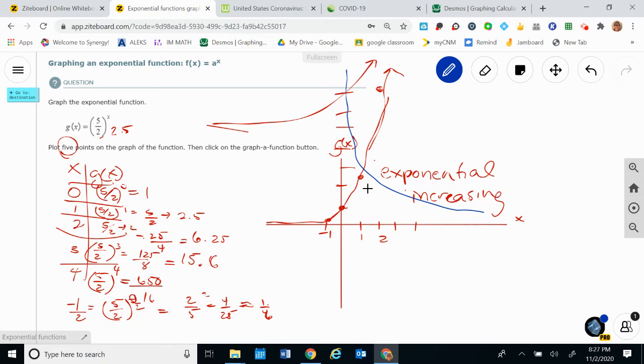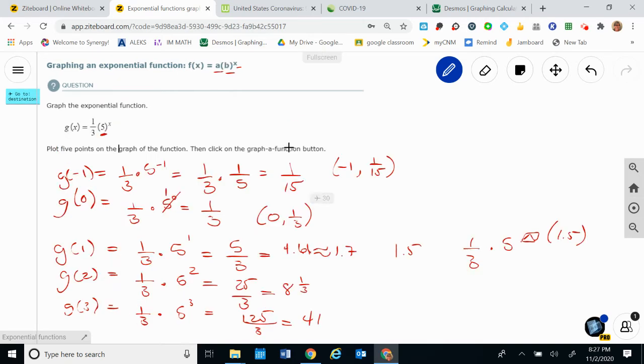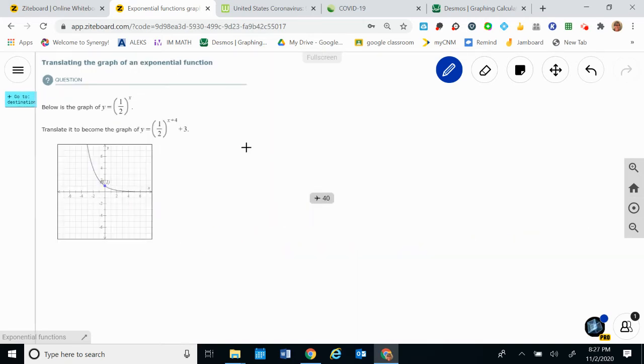Okay, and some things function this way. Some things decrease exponentially. Well, how can you tell an exponential decrease from an increase? Okay, and the key is right here. If the base, if b is greater than 1, it's increasing. If b is less than 1, it's going to be decreasing.